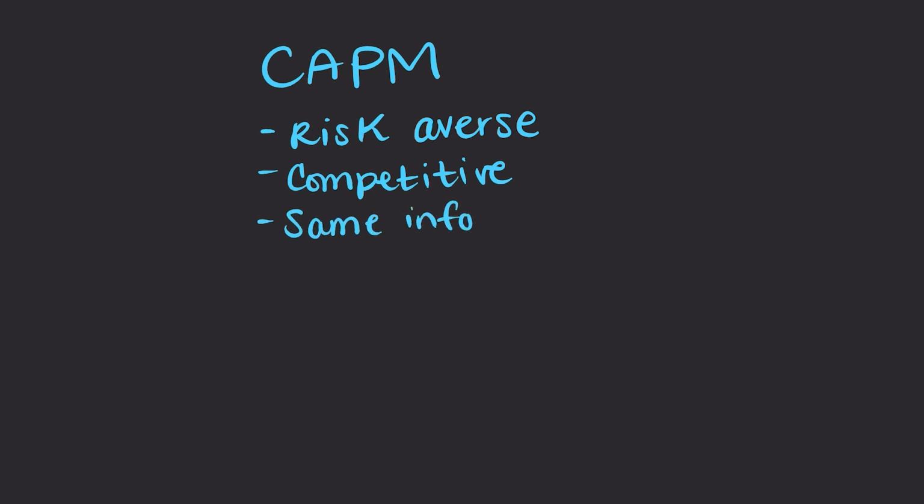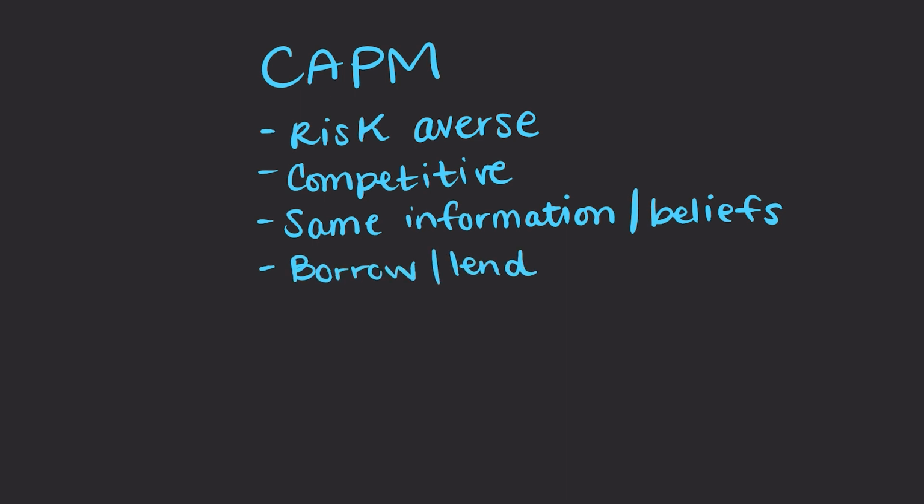We're going to say that everybody has the same information and beliefs. So this means that there's no private information. Everybody has access to the same information. We're going to assume that you can borrow and lend at the risk-free rate. This, we already talked about, is one of the stronger assumptions because we know that most people can't borrow at the risk-free rate. We're going to say there's no taxes or transactions costs.